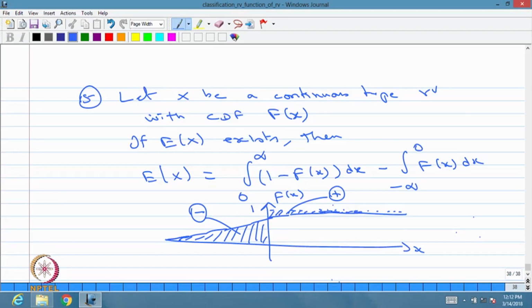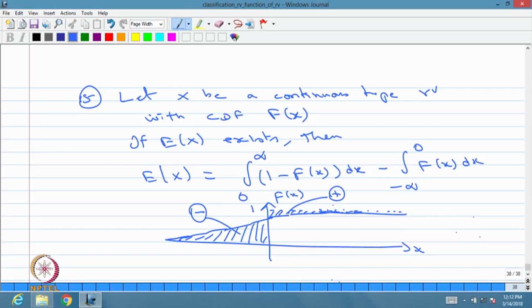There is another remark over this remark. I started with the continuous type random variable. You can think of a discrete type random variable also. Suppose it takes only non-negative values, then if the expectation exists, the expectation can be written in summation form.